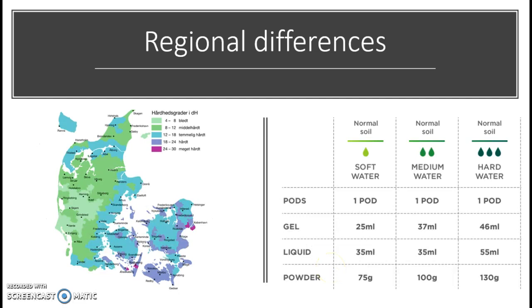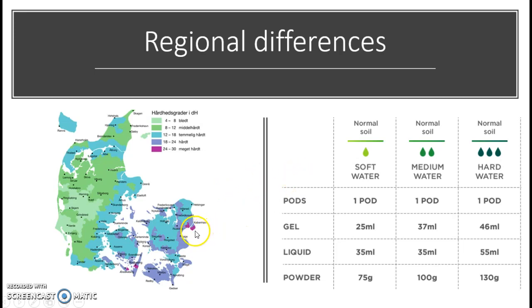So we have a lot of regional differences in Denmark. In some regions we have hard water, as in Copenhagen, or soft water, as in West Jutland. The amount of laundry detergent depends on how hard the water is.